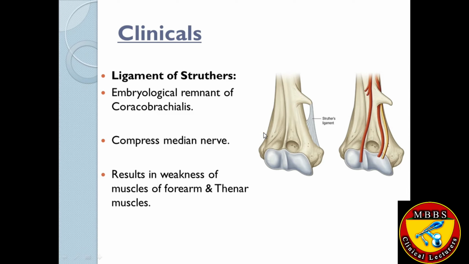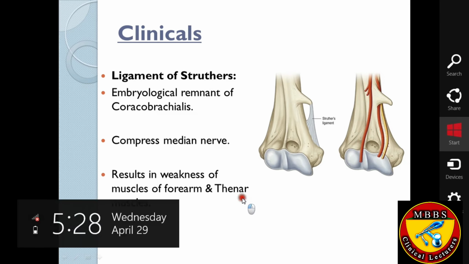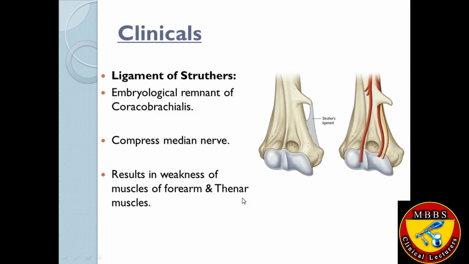So till now, you just have to remember: the embryological remnant of coracobrachialis called the ligament of Struthers can compress the median nerve, leading to weakness of the forearm and thenar muscles.